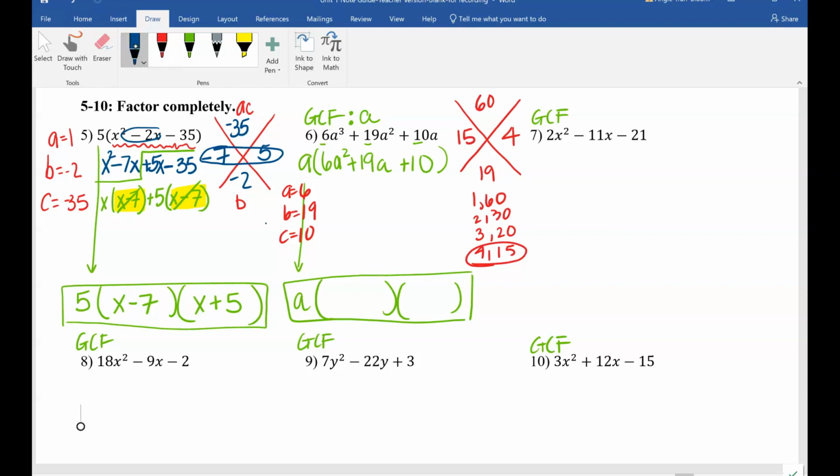So we are going to rewrite everything. We are going to keep the 6a squared in the front. We will keep the positive 10 in the back. Take out the 19a and write in 15a and 4a. All right, now it's factor by grouping time. 6a squared and 15a, you would have 3a in common.